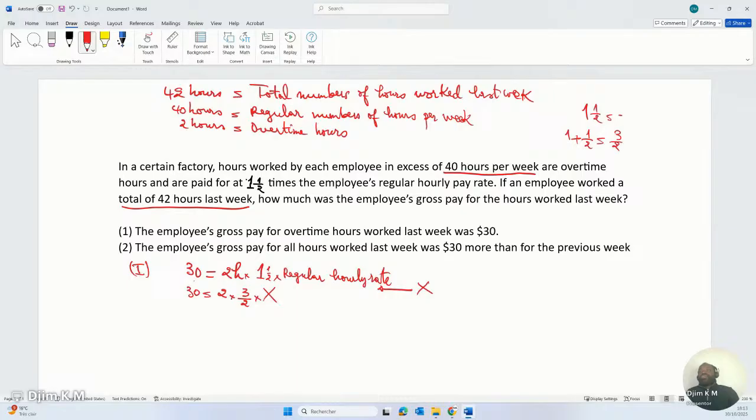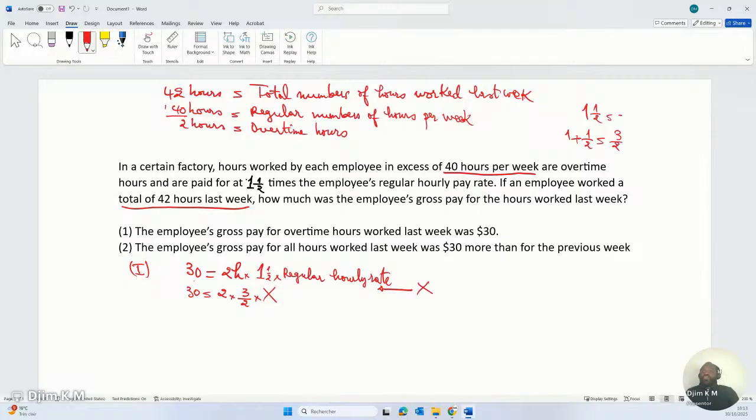And once we find big X, which is the regular hourly rate, we can then multiply it with 40 hours in order to get the regular amount that it was paid for the regular 40 hours, and then add it to the 30.